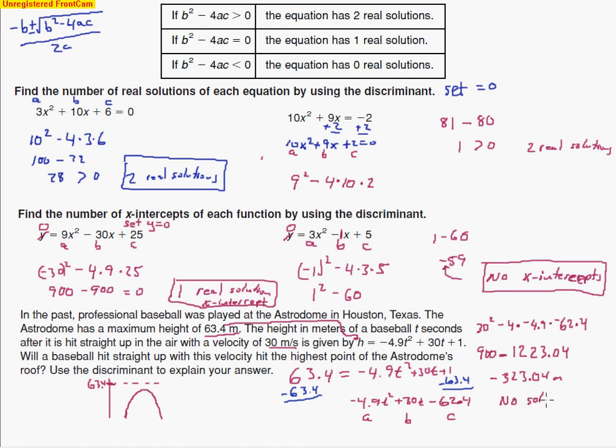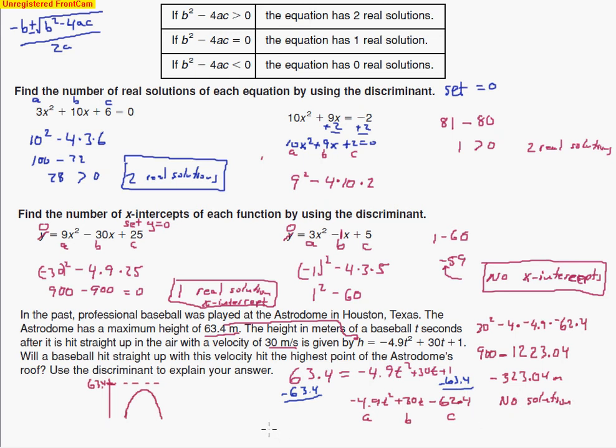solutions, and if we had a solution, if this were positive, then it would have cleared it and come back down, and it would have hit in two areas, and we would have two spots with where it was at 63.4 meters. And if we had just an equals 0, that means it just touched it and then came back down. So in this case, no solution.